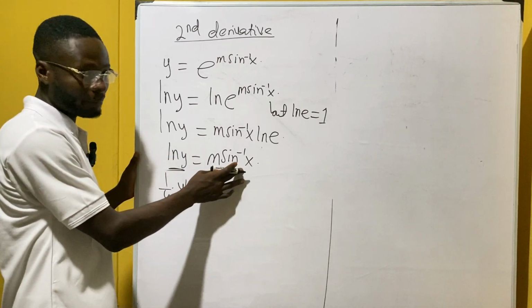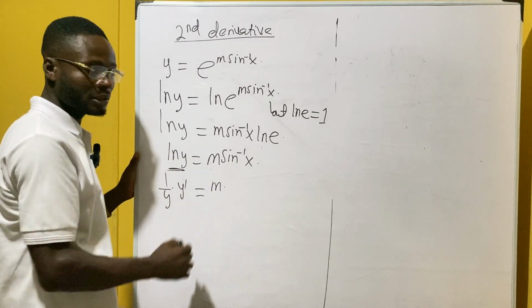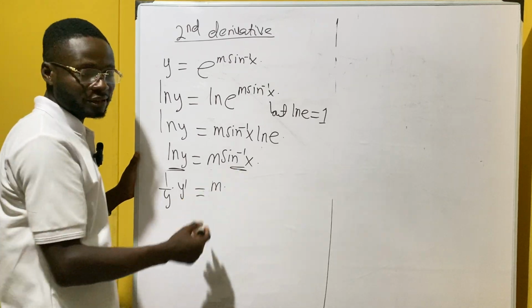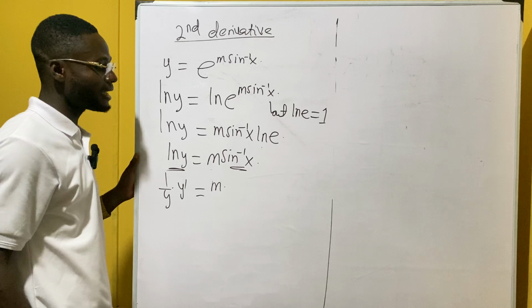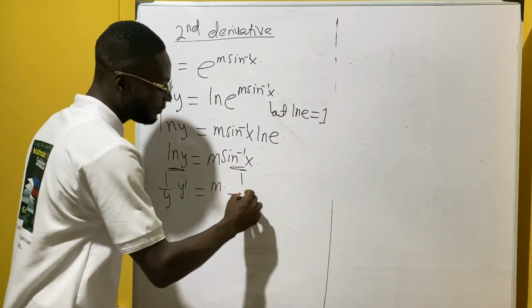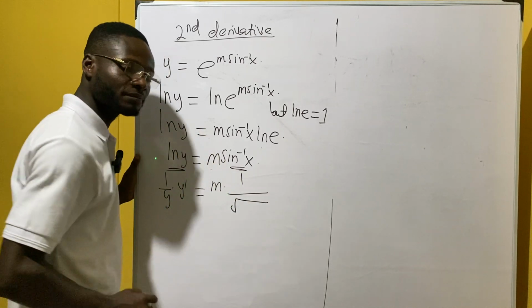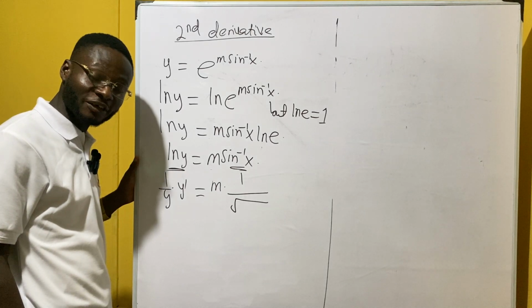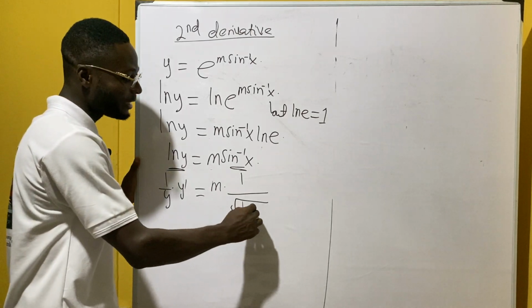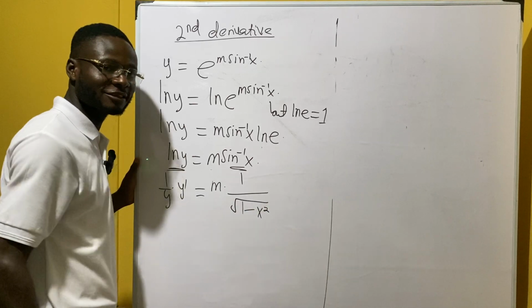Differentiate the second part and maintain the first one. So now we are differentiating sine inverse of x, and we know the differential of sine inverse of x is 1 over square root of, have you forgotten? It's going to be 1 minus x squared.